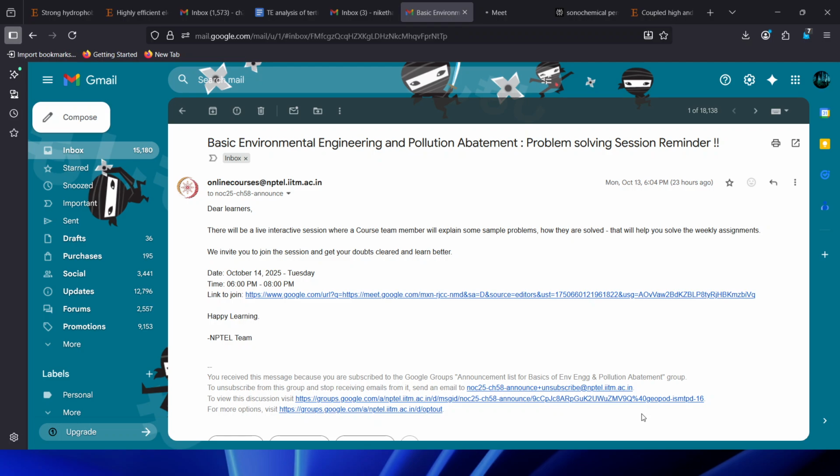So there is a cycle for air quality management. The first step of this cycle is to establish goals.